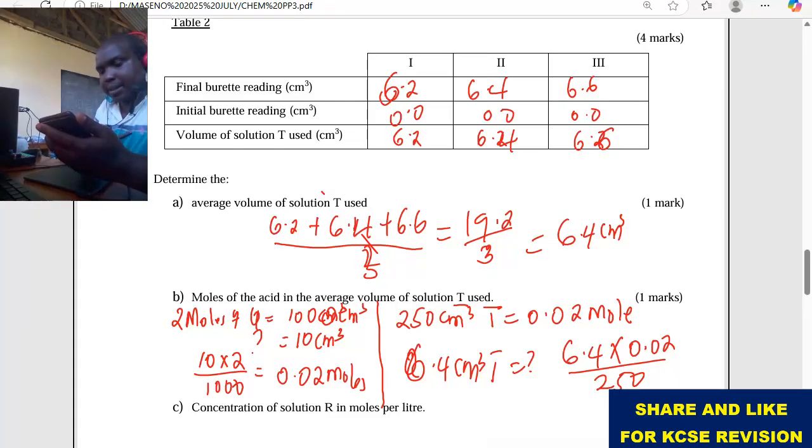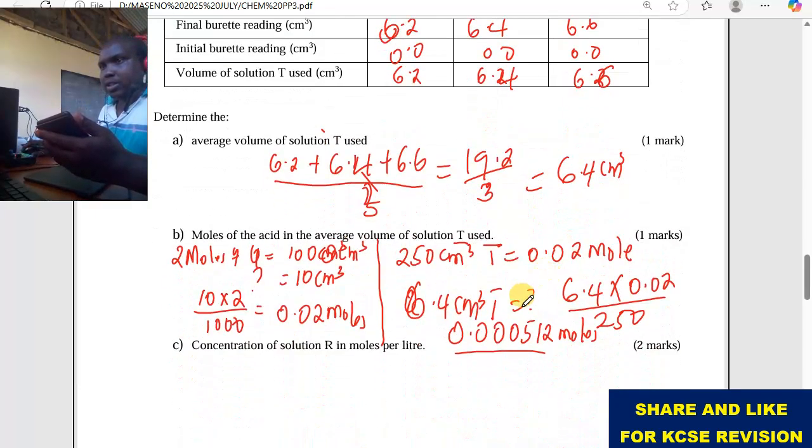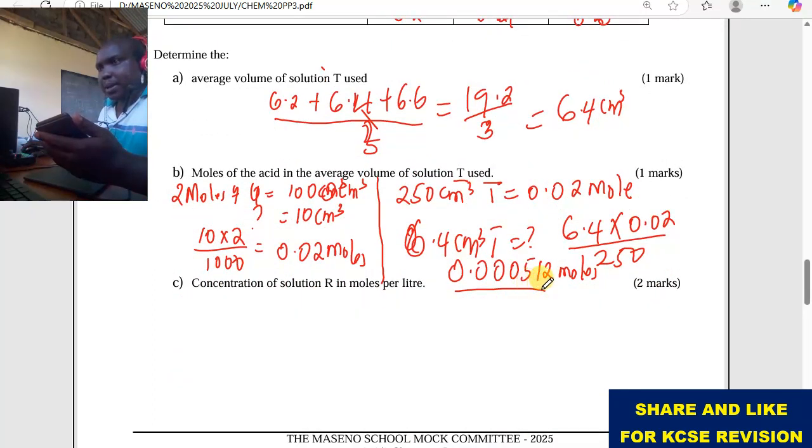Let me repeat that. 6.4 times 0.02, get the answer, divided by 250, and it gives you the number of moles, 0.0001 2 1 2 3 4 5... about 0.000512 moles. So this is the number of moles of T used. Next, the concentration of solution T in moles per liter.